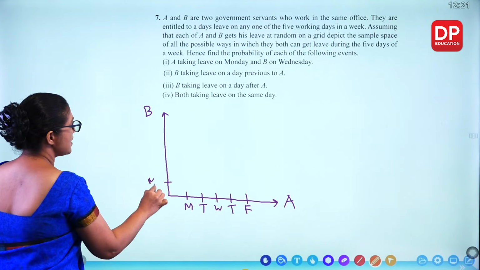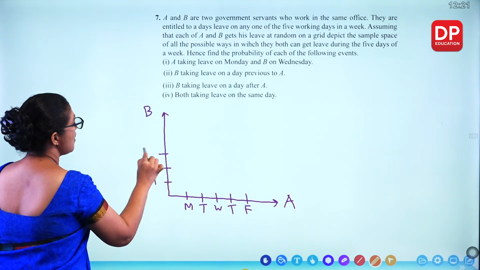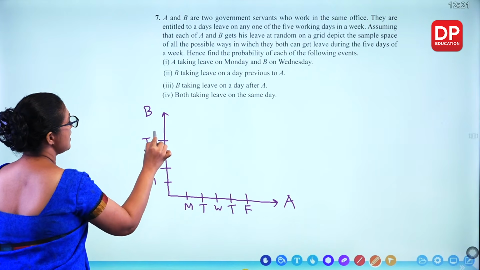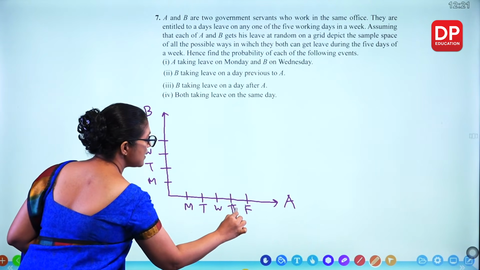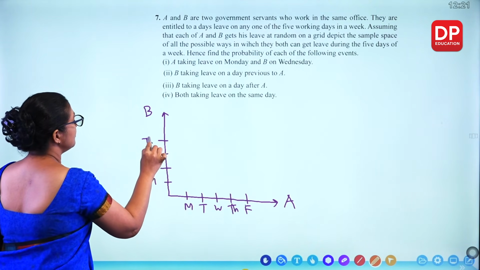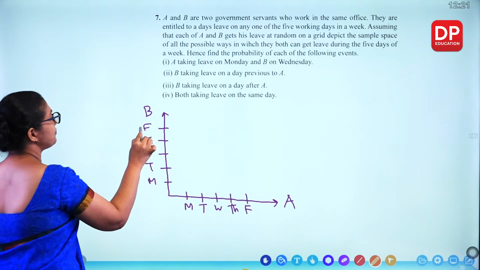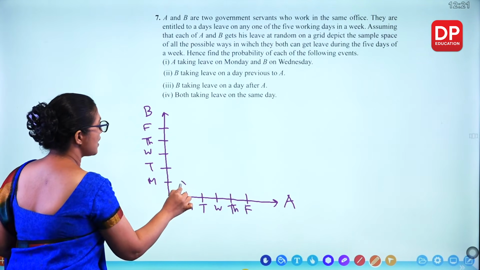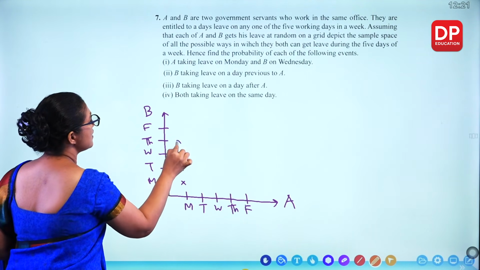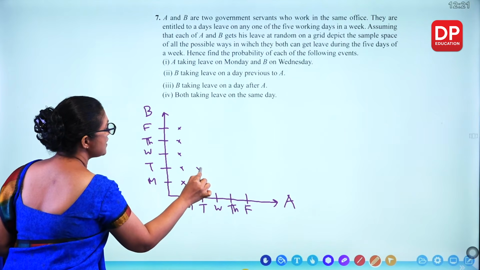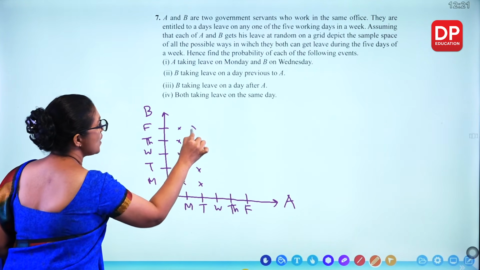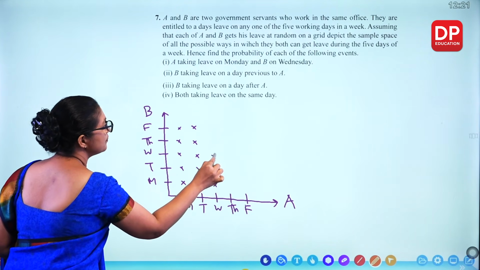Here also Monday, Tuesday, Wednesday, Thursday. Here I'll take TH for Thursday and Friday. What are the outcomes? These are the outcomes. 5 times 5, 25 altogether.